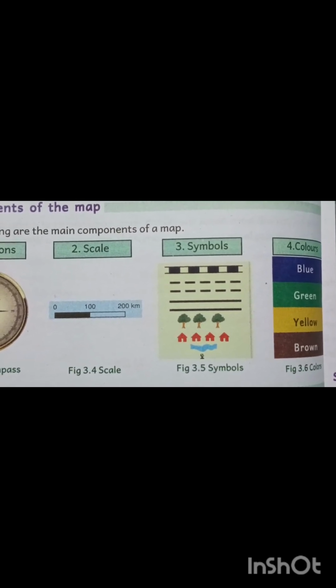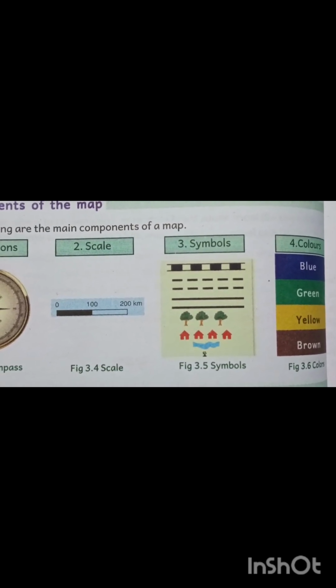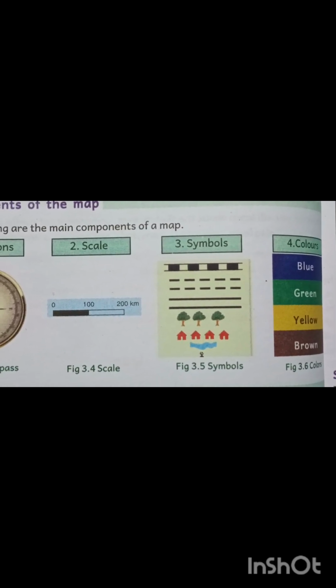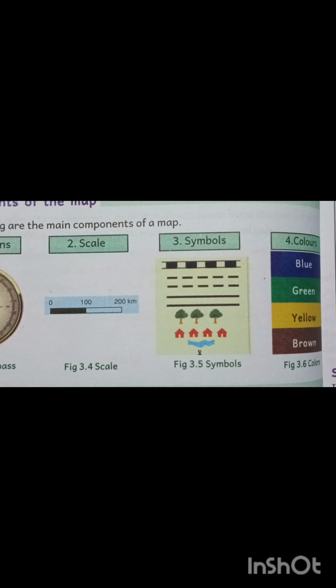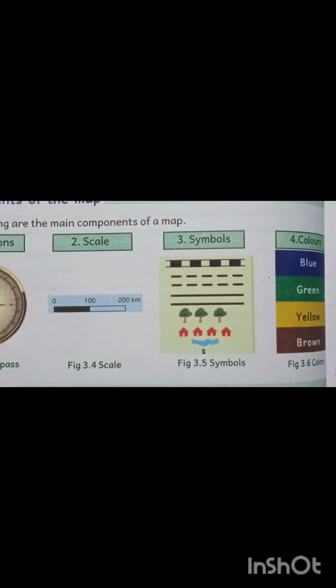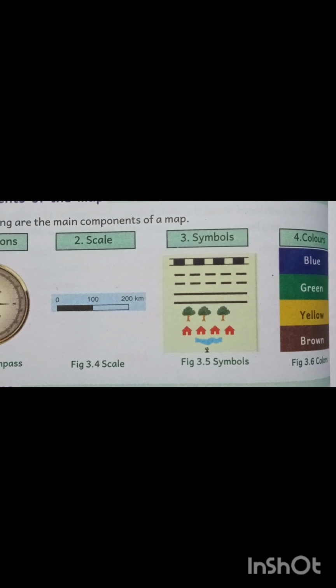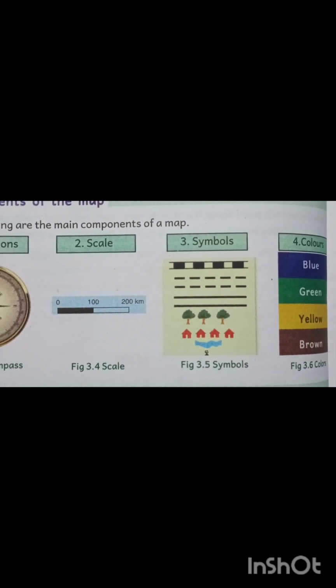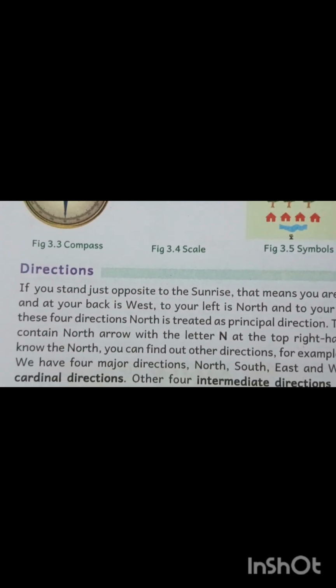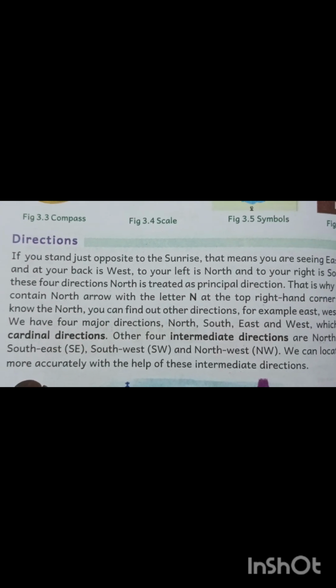And here if we observe the fourth one, the colors. Blue color, green color, yellow color, brown color. Each color indicates one particular thing here. And now we are going to know about the directions here.